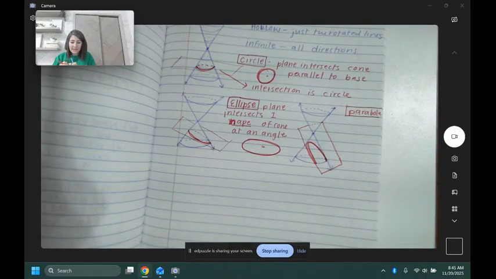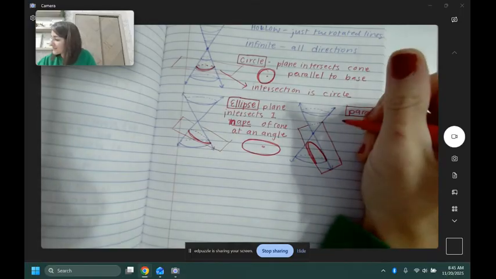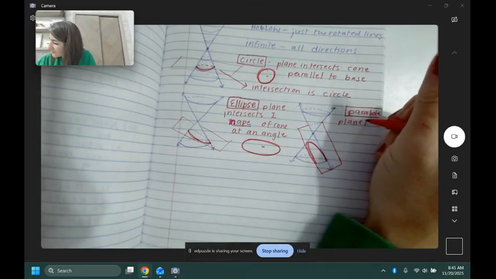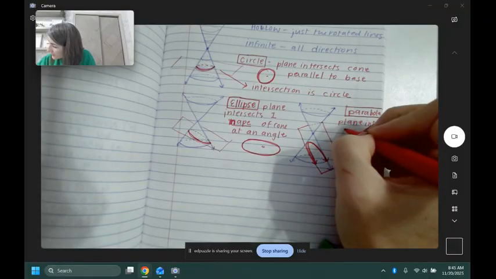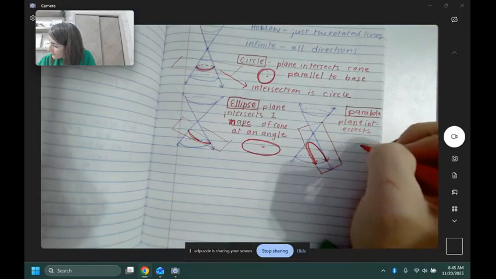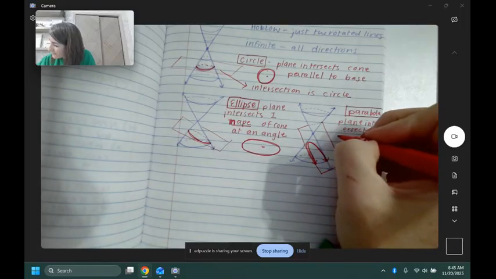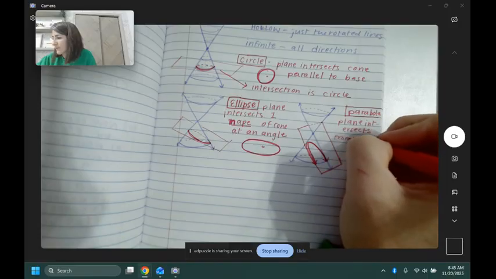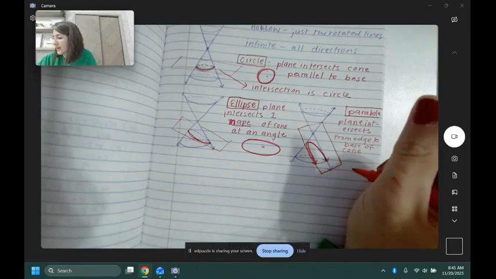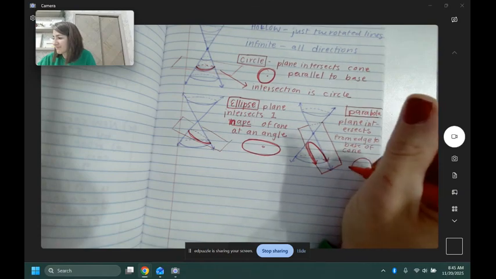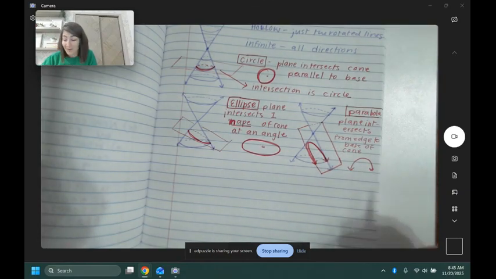So a plane that intersects from the edge to the base of the cone, and this will go on forever, will end up looking like a perfect symmetrical parabola.